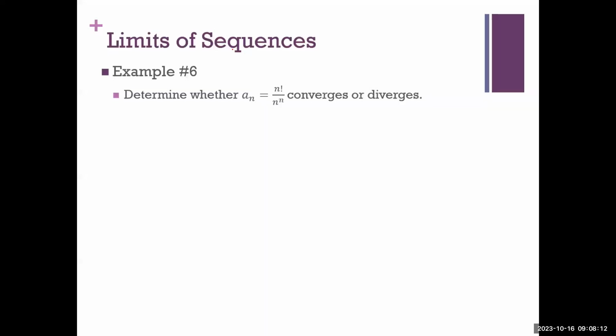If we write out a few terms, what does n factorial look like? n times n minus 1 times n minus 2, all the way down to times 2 times 1, all over n times n times n times n, and so on.